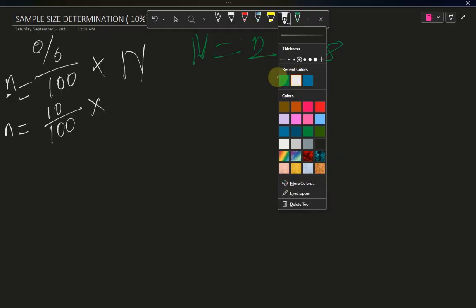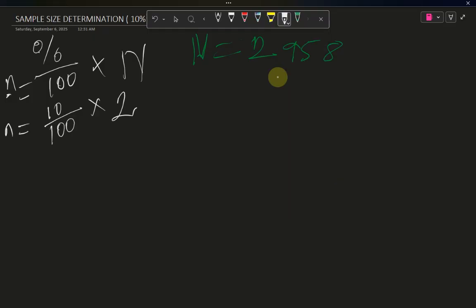This is our formula. So we put the 2958 here. So 10 divided by 100. In this formula, they have chosen 10 percent, as recommended by Amadahe.